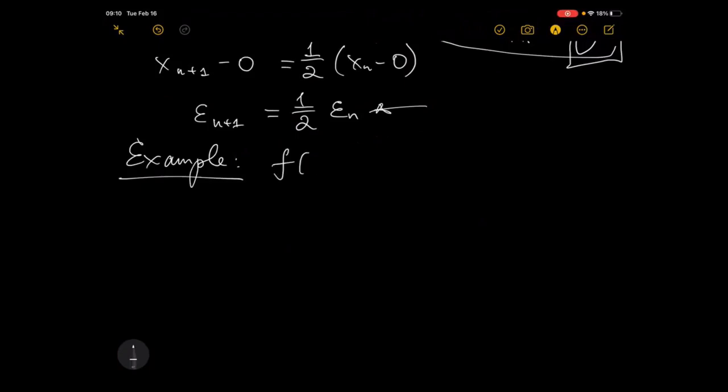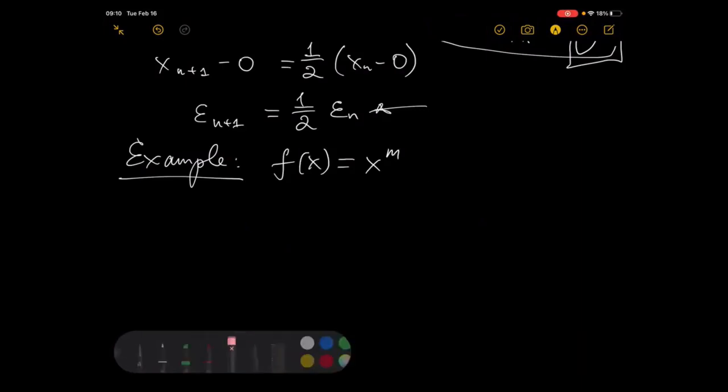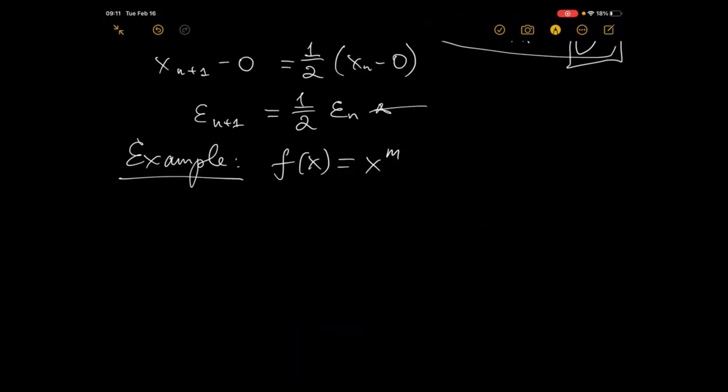So f of x is x to the power m, where m, just x to the power m, doesn't matter. Okay, so then Newton's method again, xn minus f of xn divided by f prime of xn.